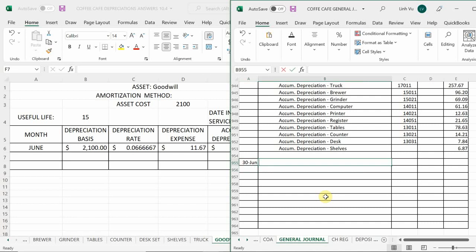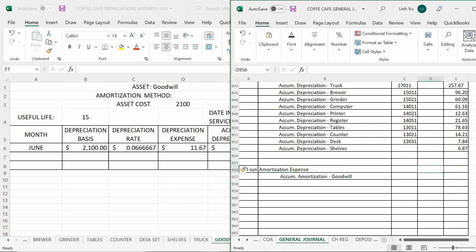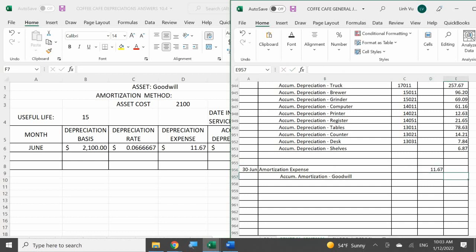So we have amortization expense, and we have the accumulated amortization for goodwill for $11.67. Oop, I didn't leave space for the description. I'm just going to insert. Okay, for 11.67. Okay.